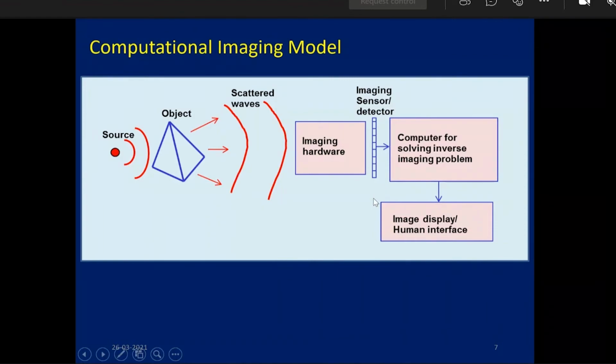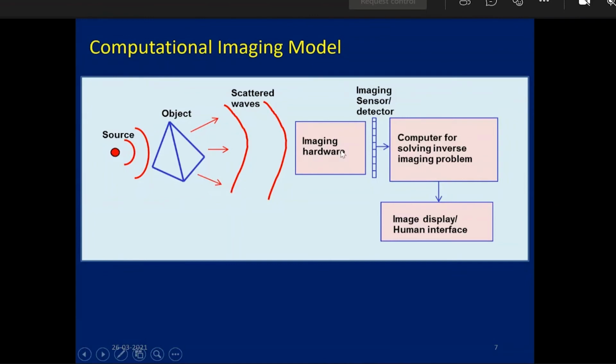So if you think about a camera, why is the lens there? What do you think is the purpose of the lens? It takes in these scattered waves and applies some phase transformation to these waves so that an image can be formed. But think about a camera or even an eye where the lens is not there. That information in those scattered waves is still entering that system.